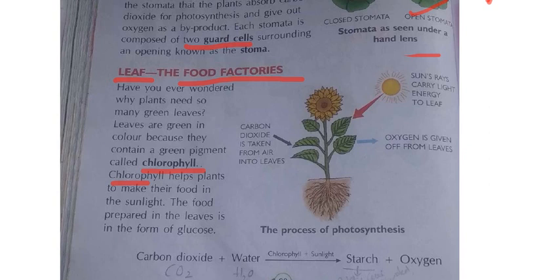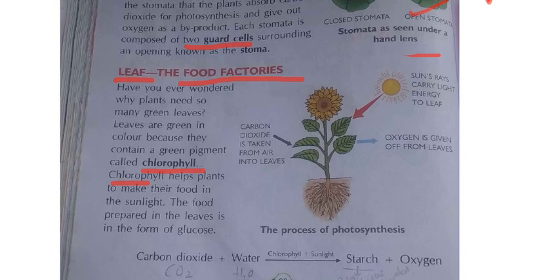The leaves will take it. On the leaves, which part will take it? The green color substance called chlorophyll will absorb the light. Chlorophyll is the green color substance present on each leaf. So this chlorophyll helps in making the food for the plants with the help of the sunlight.